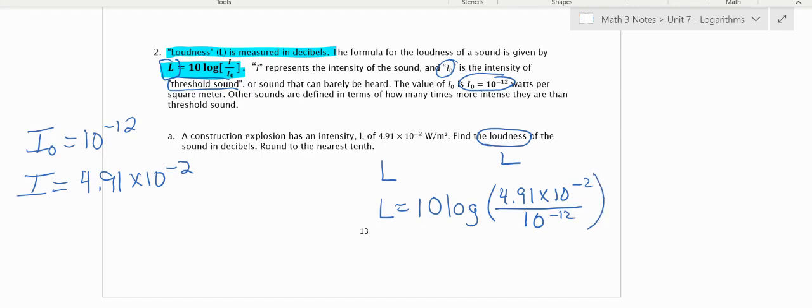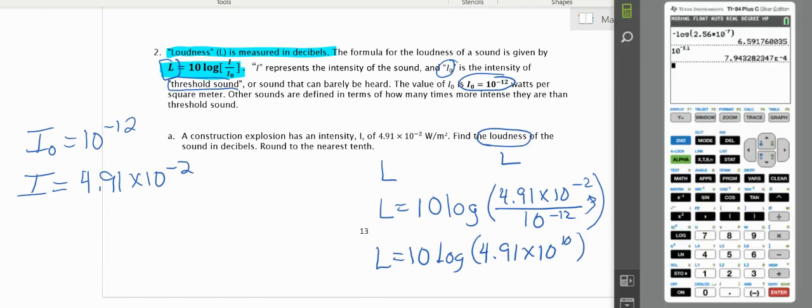You can do a couple things here. These are actually using our exponent properties. You could put that together, but you could also put it all in the calculator. If I wanted to simplify this more, I could, because if I moved that up to the top, it'd be 4.91 times 10 to the 10th.